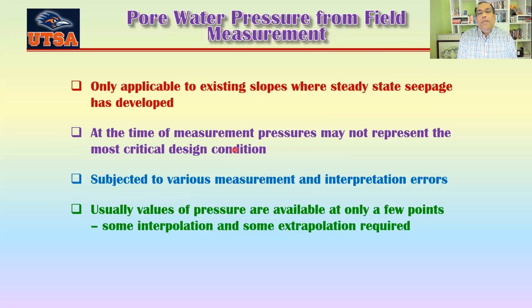I saw that many of the piezometers installed many, many years back are not functioning well, okay? So if you run the numerical model, you can see some of them are not working that well because of the age of the instrument. Anyway, that's one of the ways to measure the pore water pressure for the existing slope.